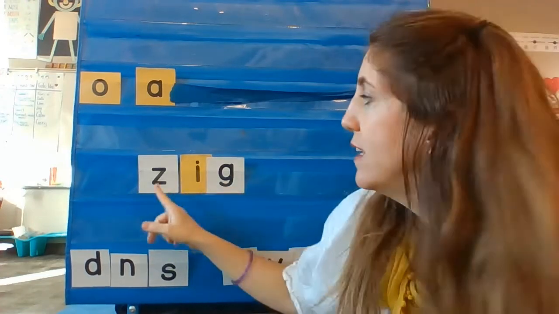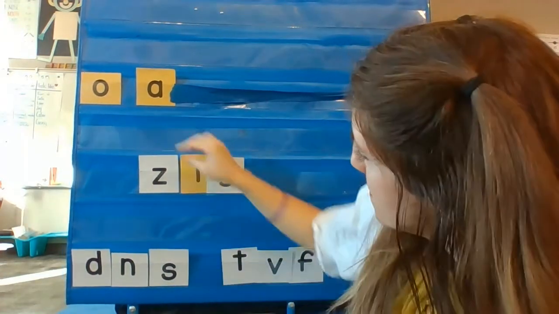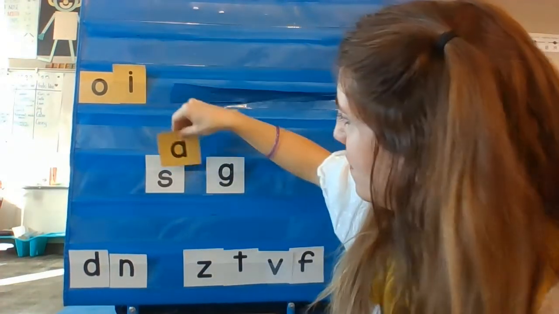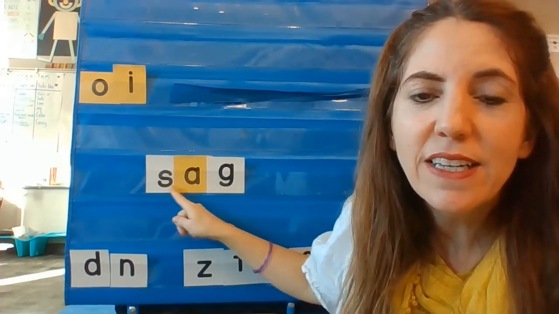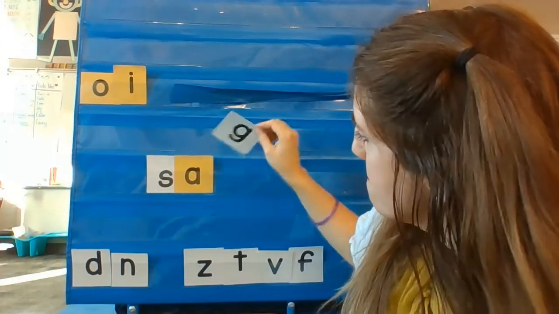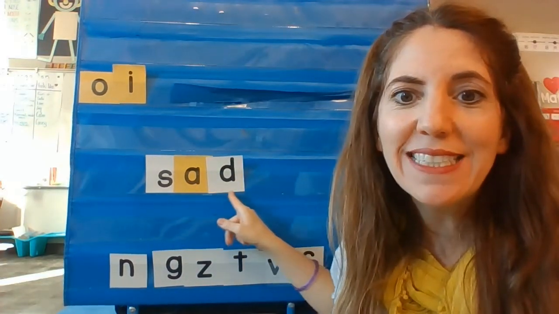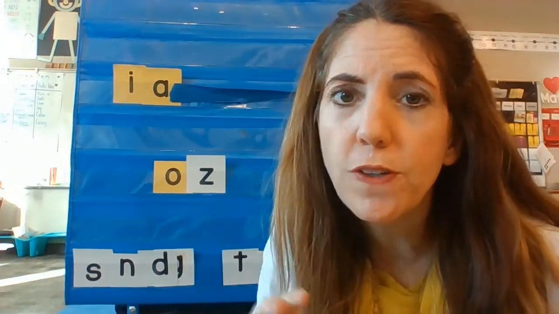Zig, zig. Ag, sag, sag. Sad, sad. This time we're going to start with shorter words that have a vowel as the first sound.